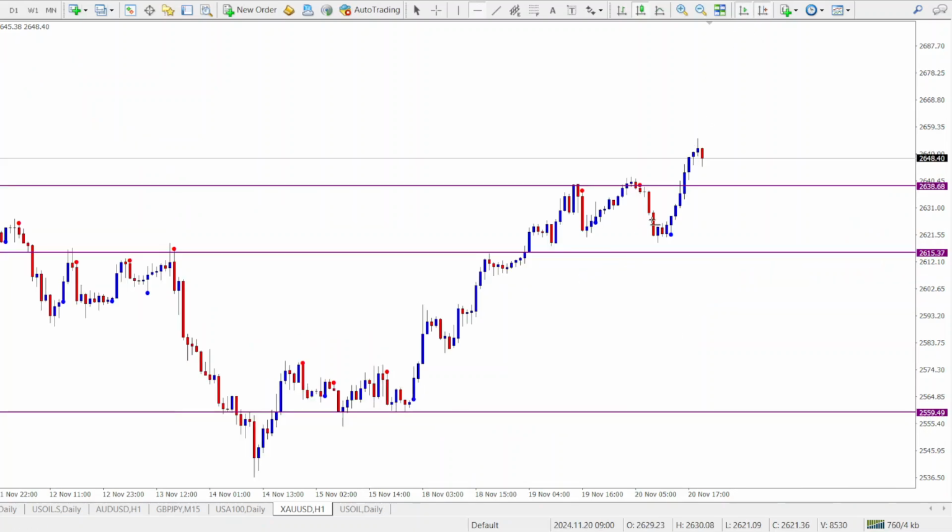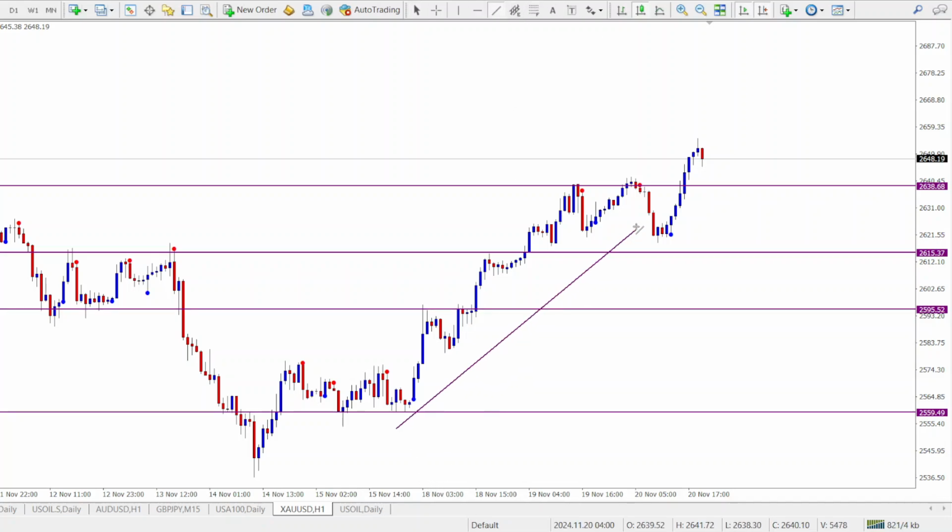For example, you can see that we had a buy signal here, and this was a buy trend. We had a resistance here.